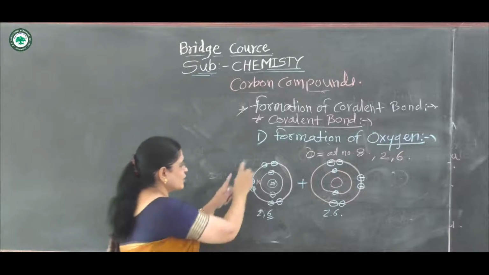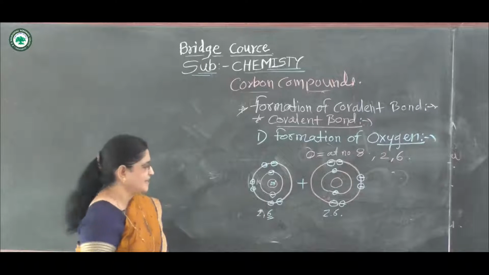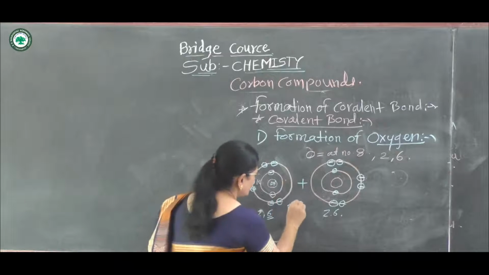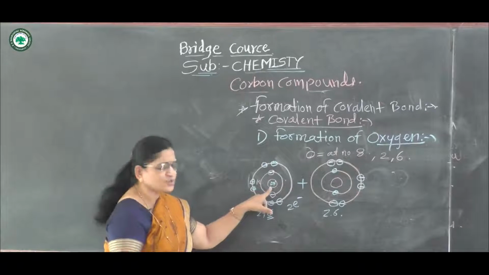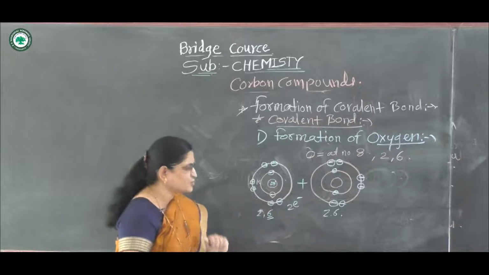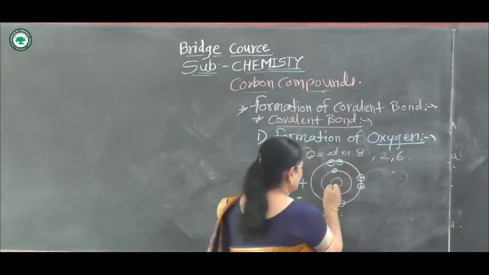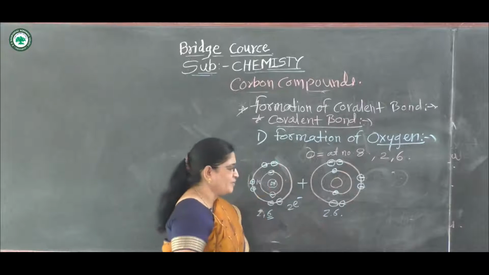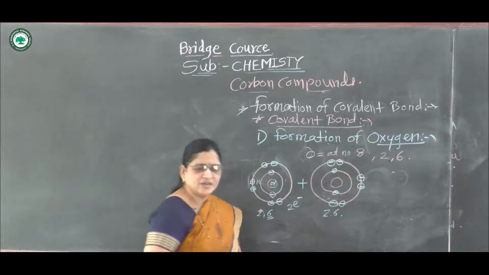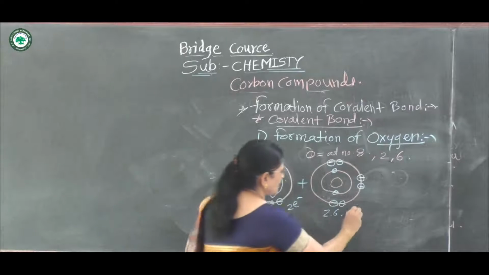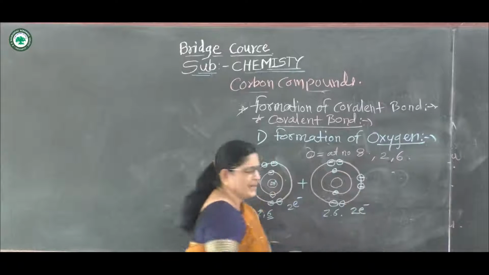To complete its octet, this first oxygen atom requires 2 electrons. In the second oxygen atom also, to complete the outermost orbit or valence shell, it requires 2 electrons.